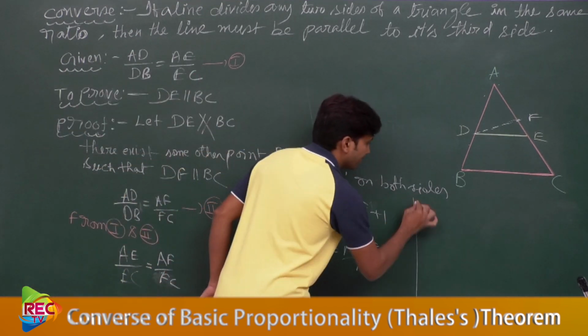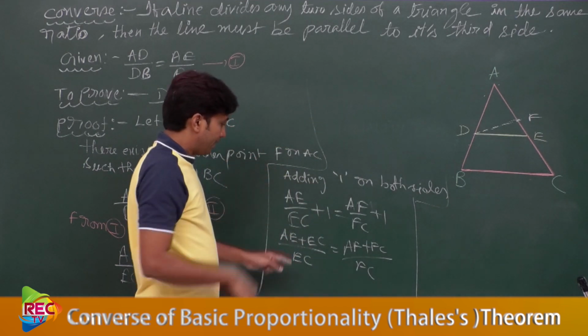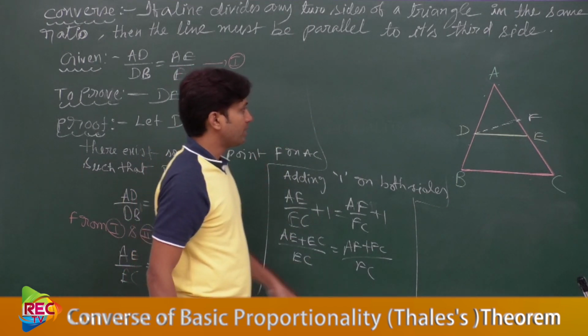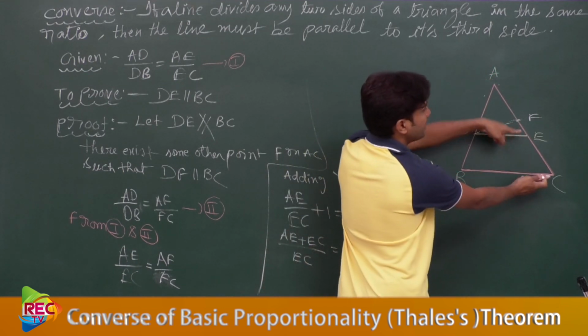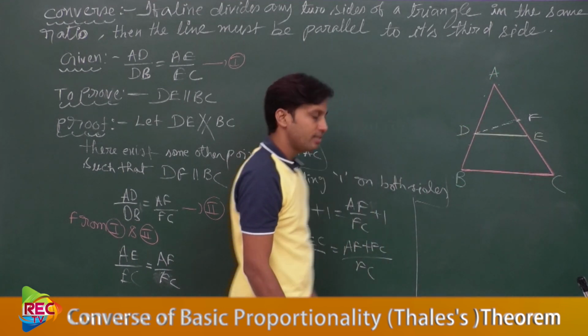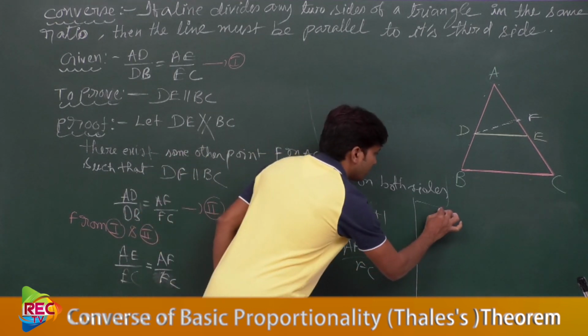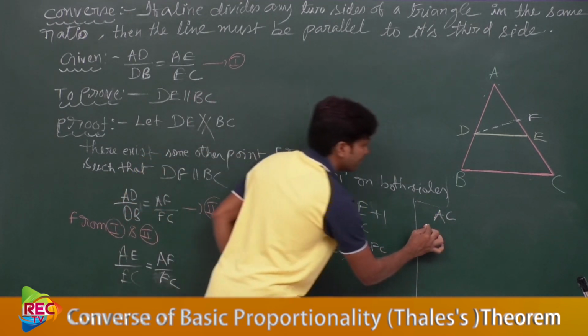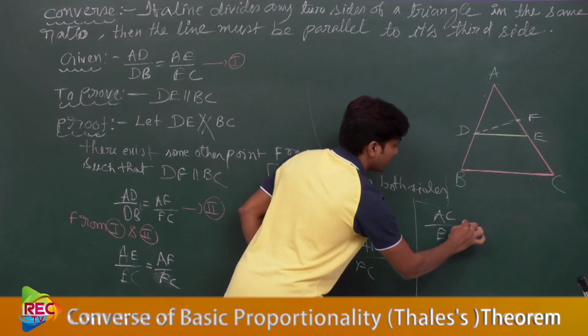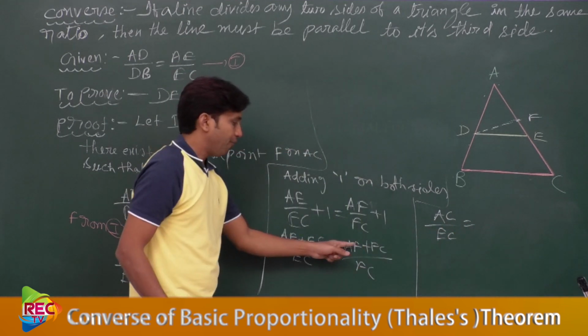Now observe the diagram. AE plus EC, is this AC or not? Yes. AC by EC equal to AF plus FC.